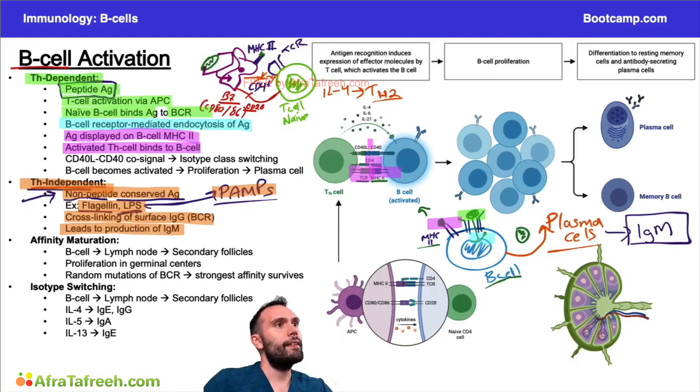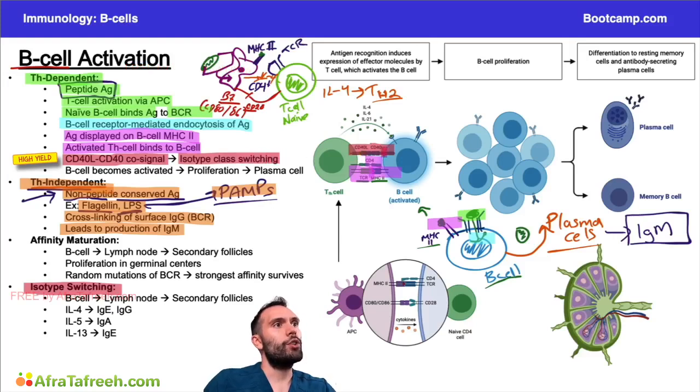And then the last step here, there's another co-stimulatory signal. And this signal, CD40 ligand co-signal, essentially involves CD40 ligand on the T helper cell and CD40 on the B cell. And this specific step is involved in isotype switching. And that's very high yield to remember that CD40 ligand, CD40 binding, and this is one of them that I would absolutely remember, is involved in isotype switching.